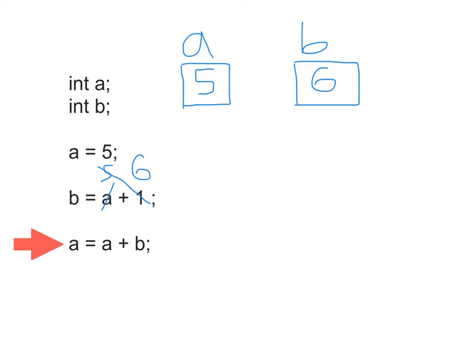So we replace this a here with a 5. And then we look to see what the value of b is. The value of b is 6. So we replace b with a 6.